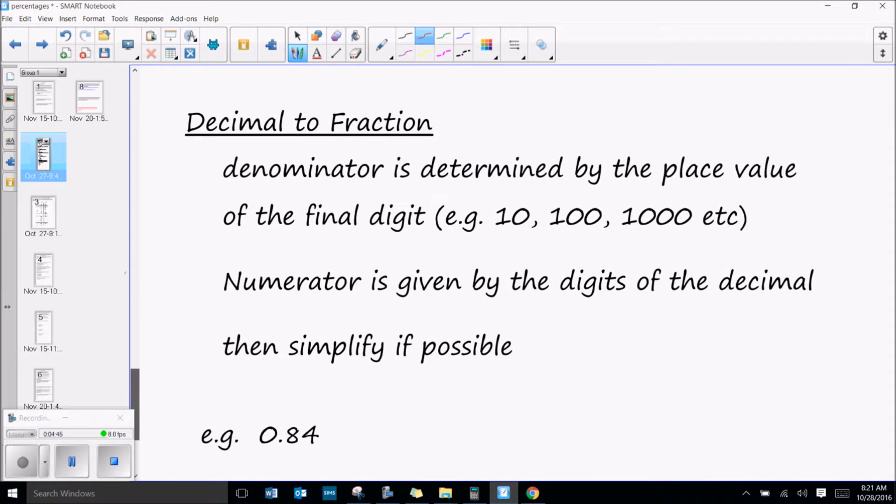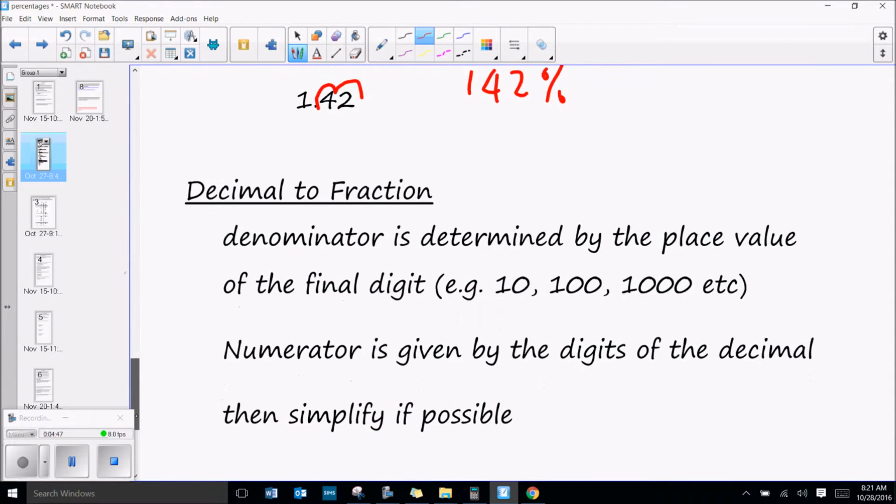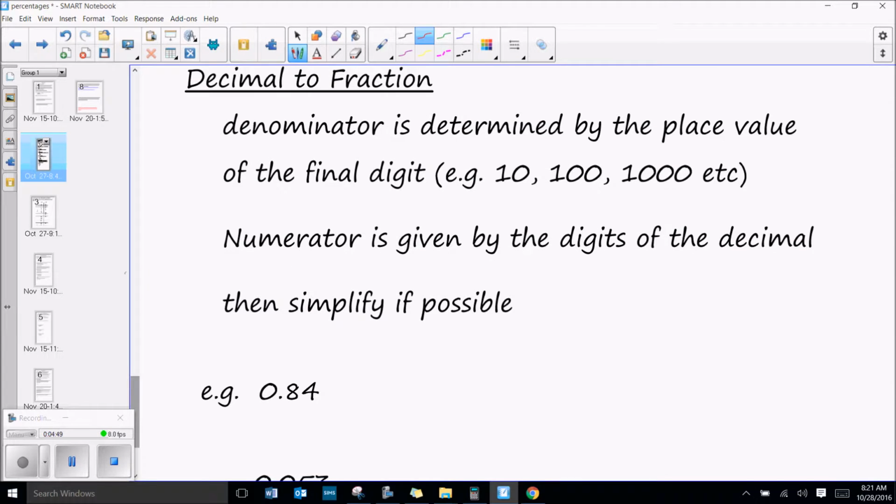Decimal to a fraction. These are the trickiest ones. You need to determine which column the final digit of the number is in. When I say the columns, I'm talking about, this is normally our units, that's our decimal point, then we have the tenths, then hundredths, then thousandths, and so on and so forth.